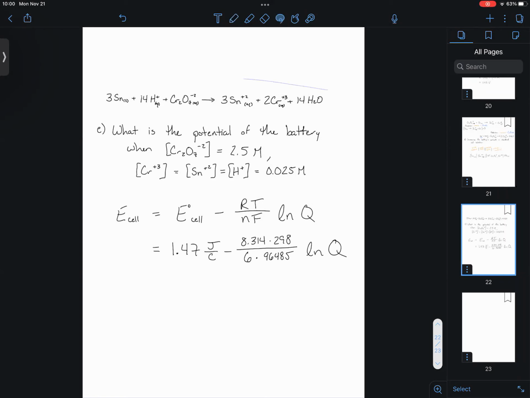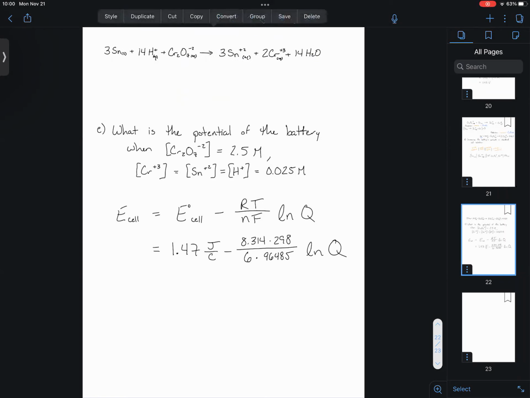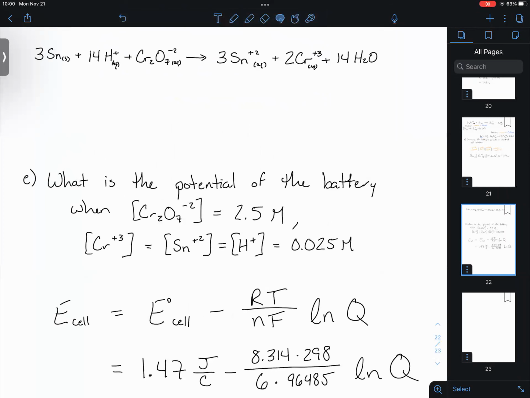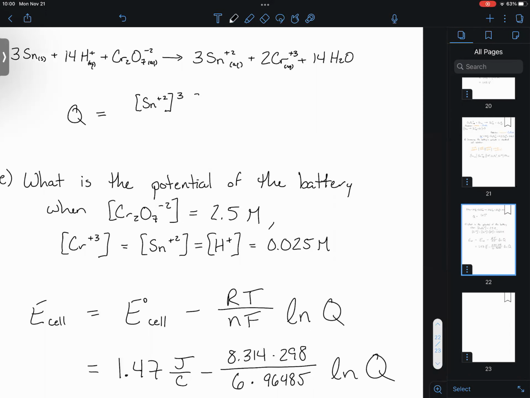And remember, we're going to get that by finding our equilibrium expression. So Q is going to be the concentration of the products. Remember that these coefficients become exponents. I'm going to leave off water, because we leave water out since it's a pure substance.